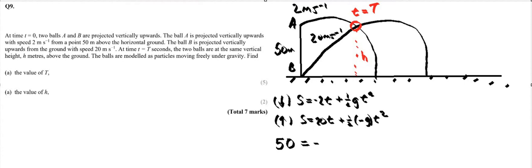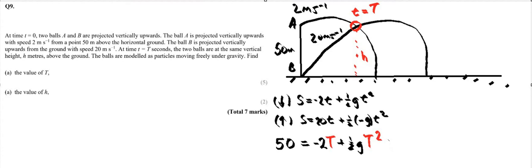So now we're going to add these two together to get our total of 50. So I've got minus 2, and I'm going to write the t now as big T, because that's what I want. Now that's plus 1/2 g times big T squared.